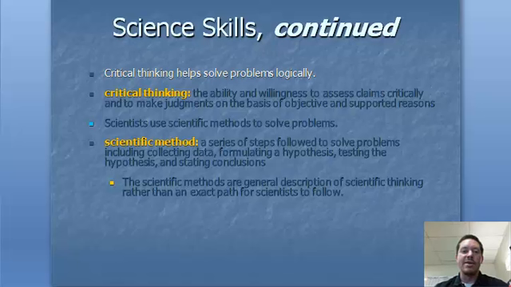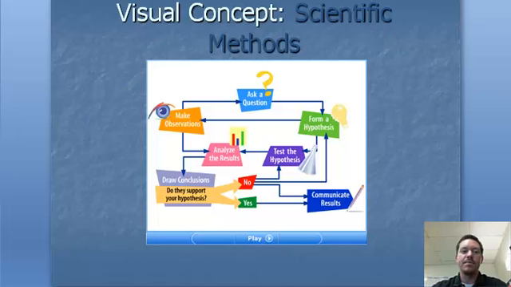The scientific methods are a general description of scientific thinking rather than an exact path that scientists follow. So I've got a visual here that we'll look at. We're going to think of scientific methods as a circular process and not a set order of steps.